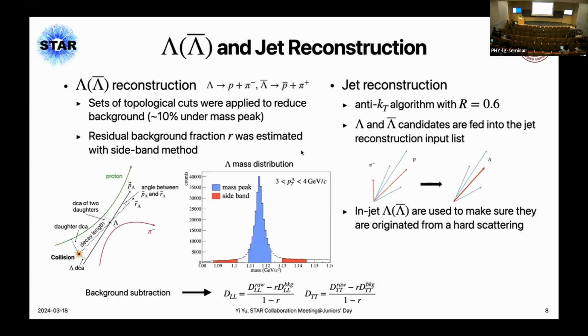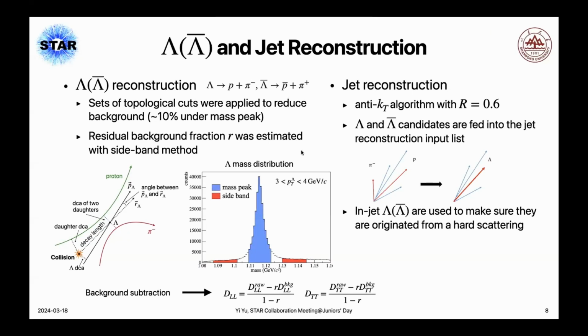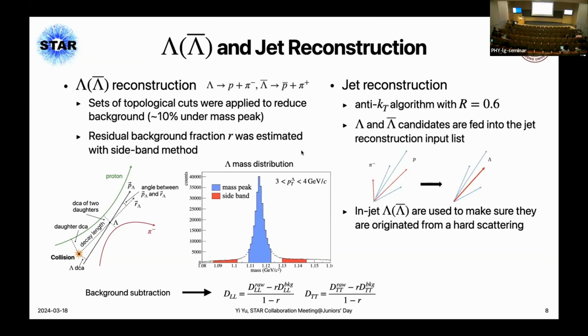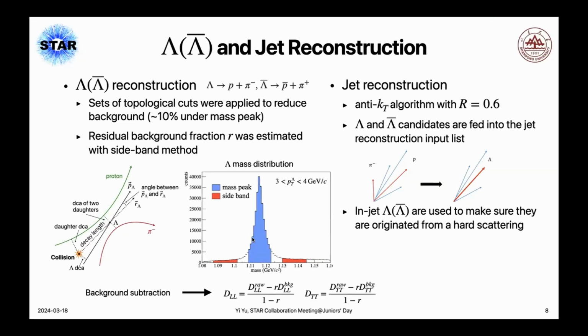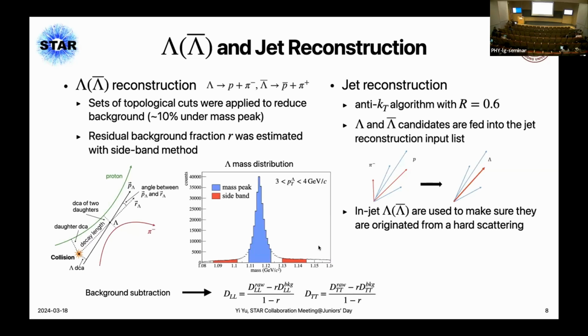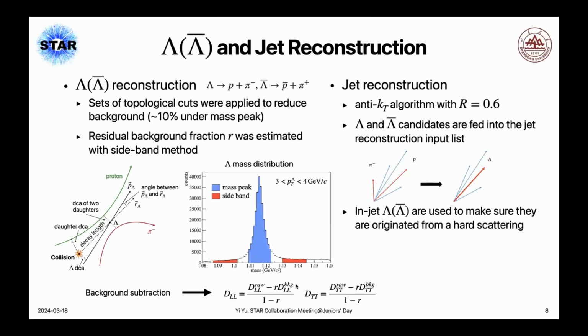And for the residual background, we estimated it with the sideband method, as I was showing on the plot. And these backgrounds are subtracted with the following formula, the bottom formula, to correct the effects of the residual background.